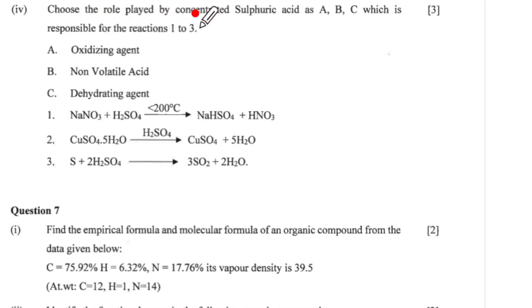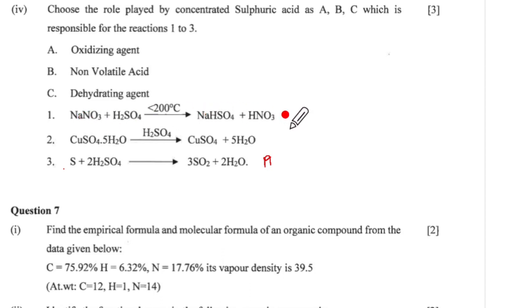Choose the role played by concentrated sulfuric acid as A, B, C, which is responsible for reaction 1, 2, 3. So oxidizing agent, this and this. Where is the oxidizing agent being used? Here in this. So this is your A. Non-volatile acid will be here.